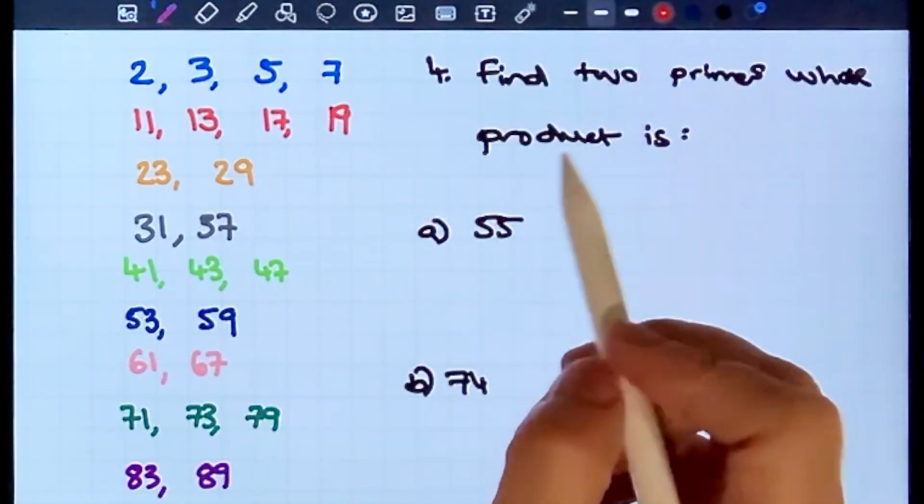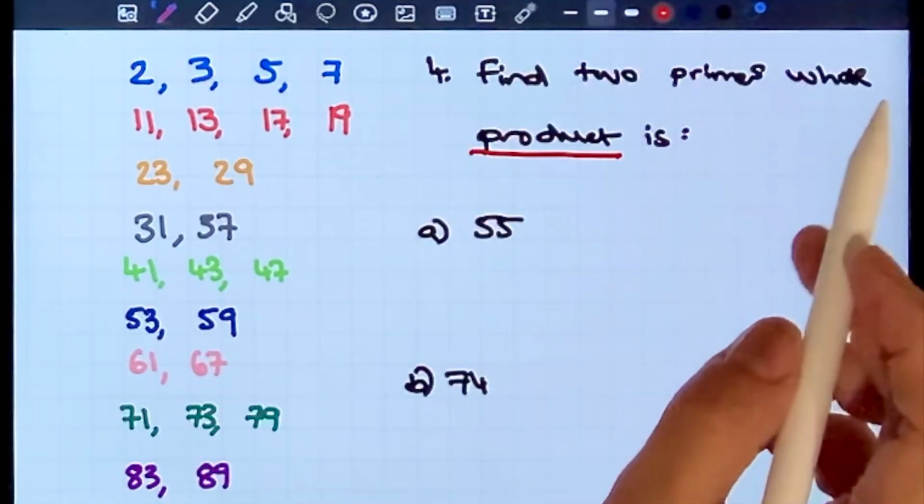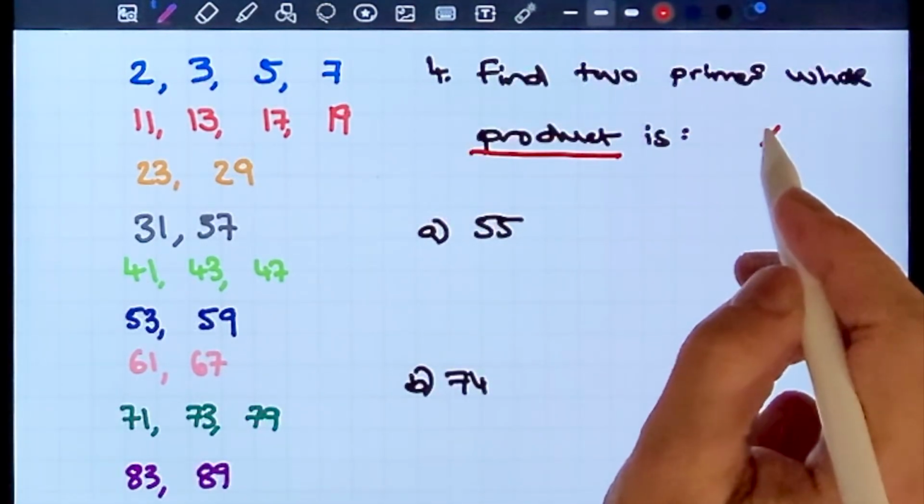Okay, so product is the answer to a multiplication problem.